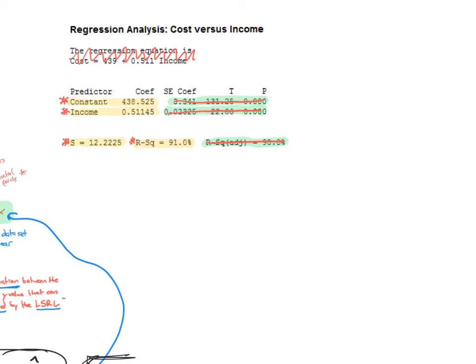All right, so when I'm thinking about the least squares regression line, y hat equals a plus bx. Here's some things that you can figure out in here. The descriptive word, not the word constant. The word constant will usually always be constant, but the descriptive word income, that is your x value.